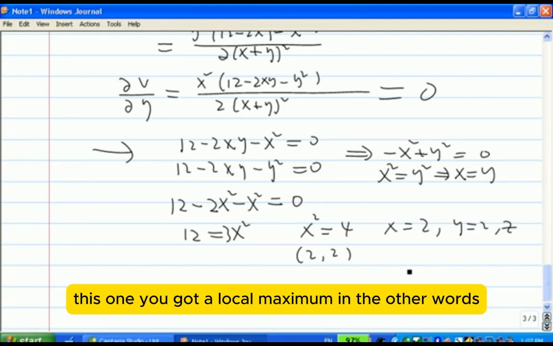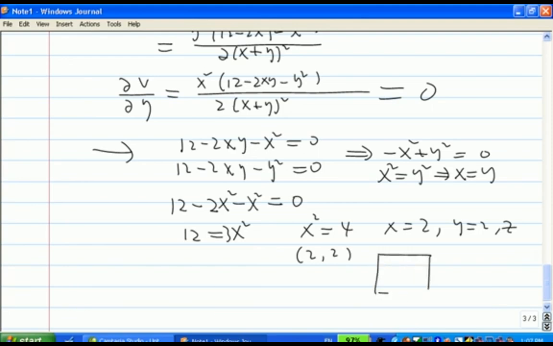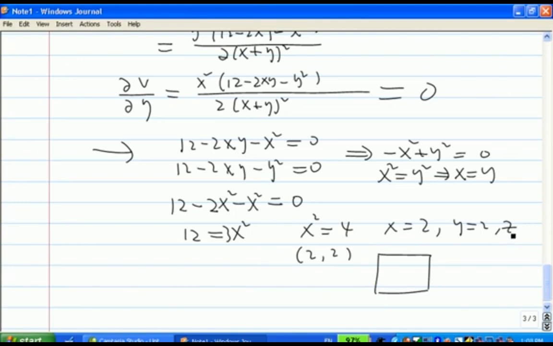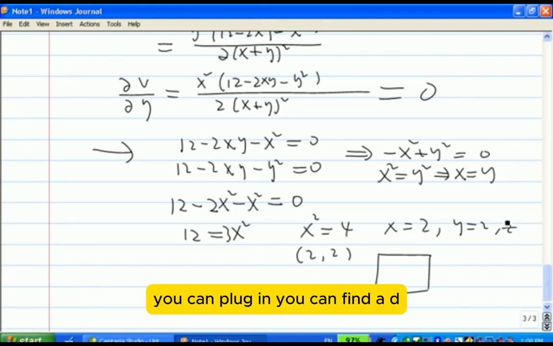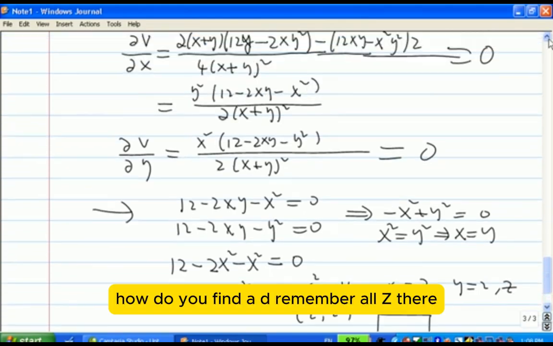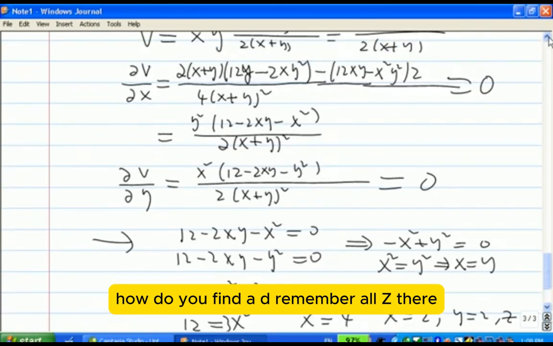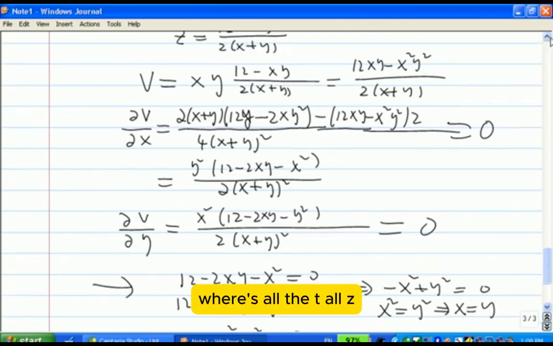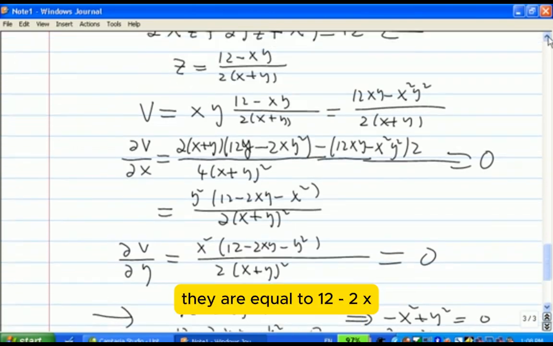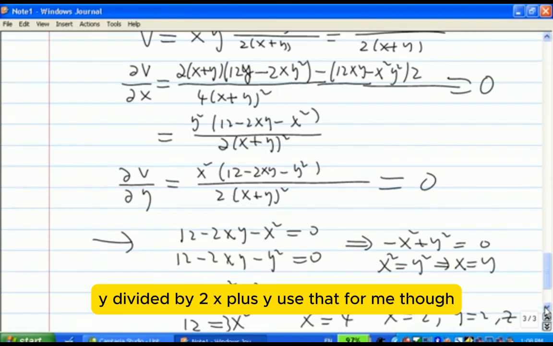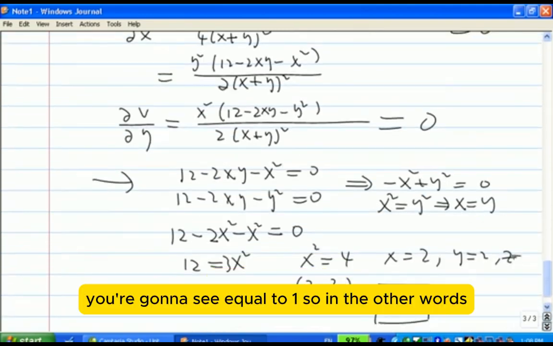Once you know x and y, you can plug in and find z. How do you find z? Remember, our z equals (12 minus 2xy) divided by (2x plus y). Use that formula and you can find z. You're going to see it equals 1.